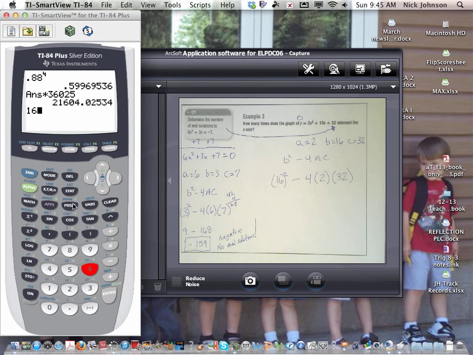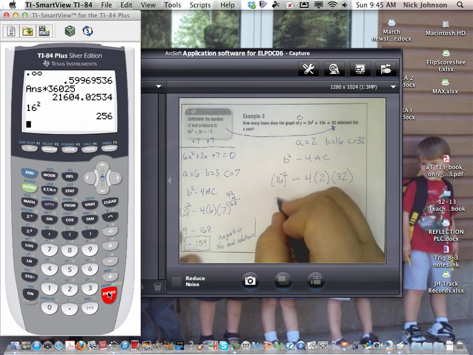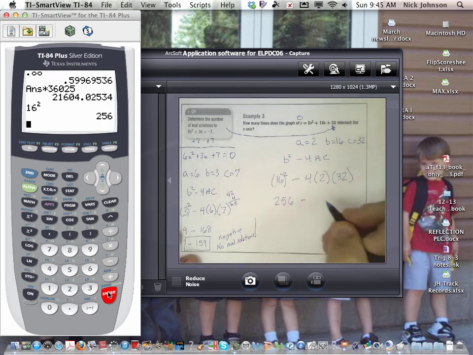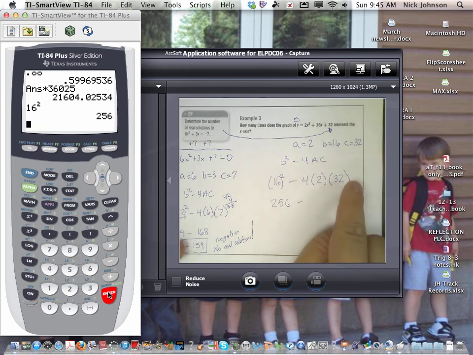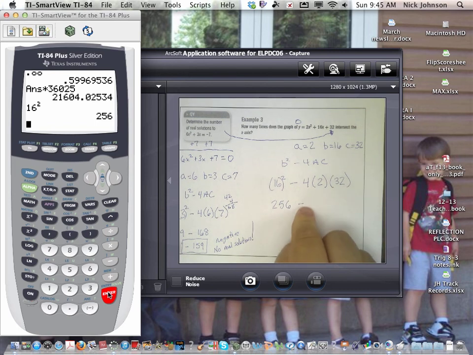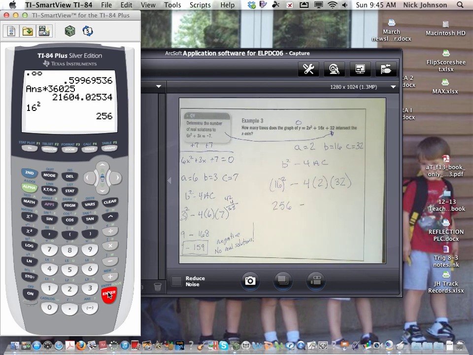Okay? Go to your calculator. 16 squared is 256 minus, and 4 times 2 is 8.